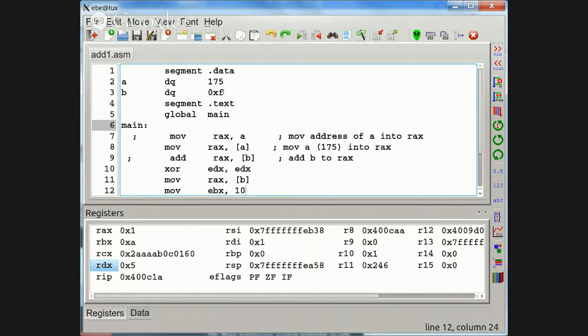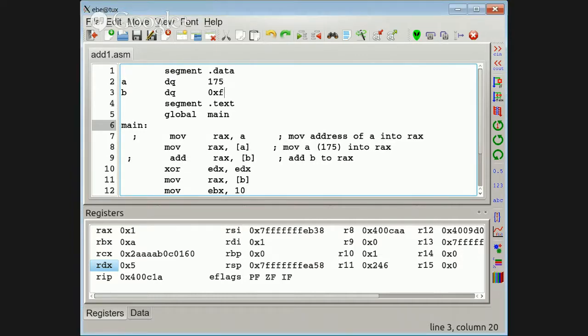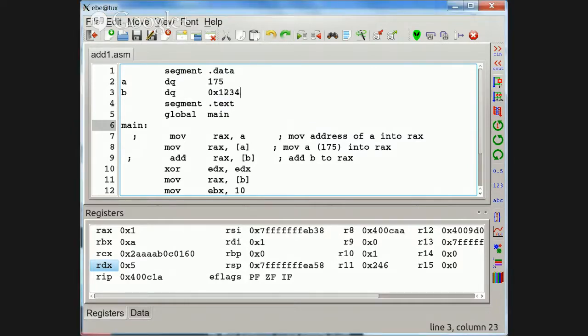So we moved B into RAX. How about if we use that number, it would be nice. 1, 2, 3, 4, 5 hexadecimal.